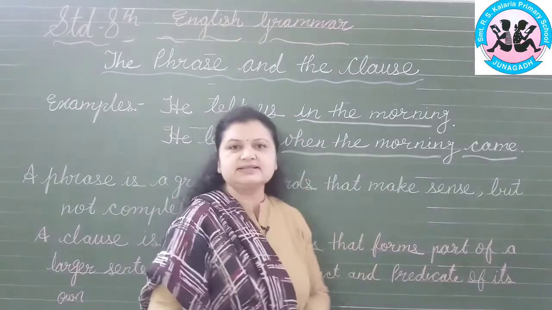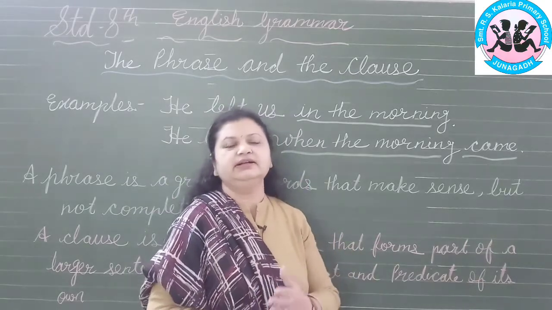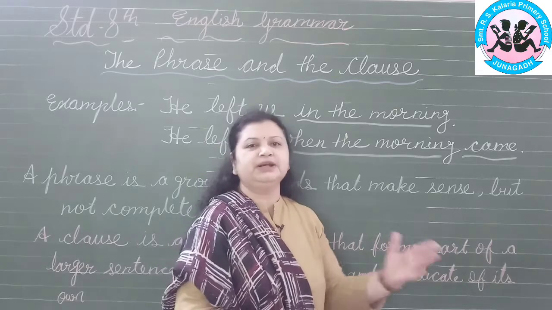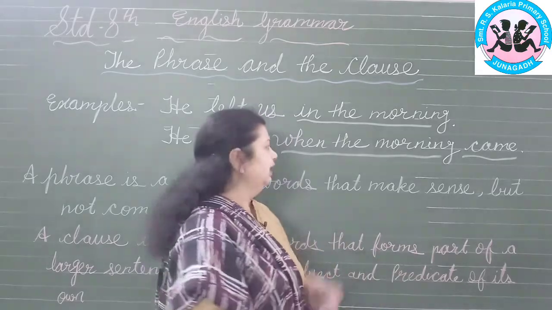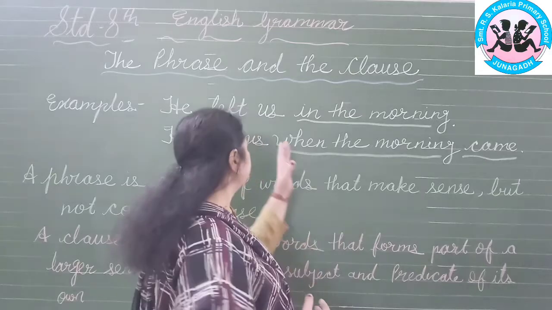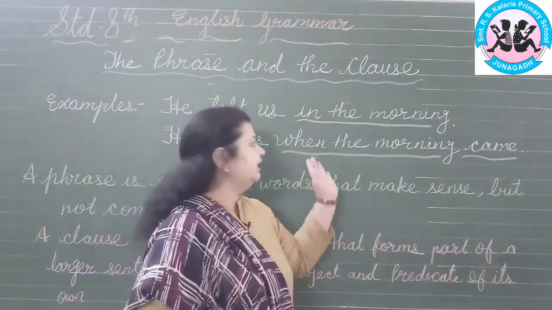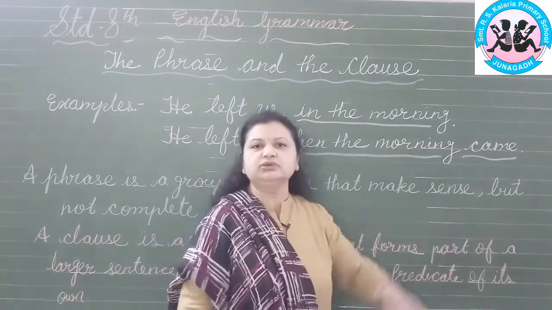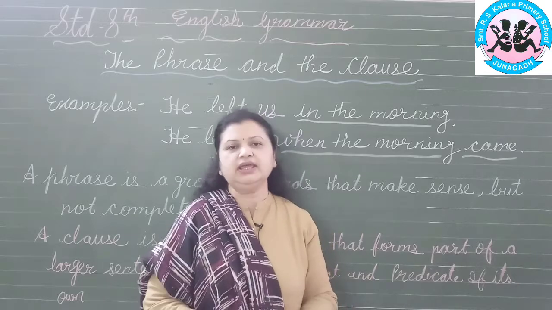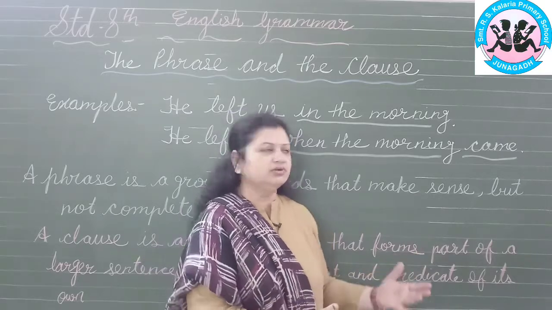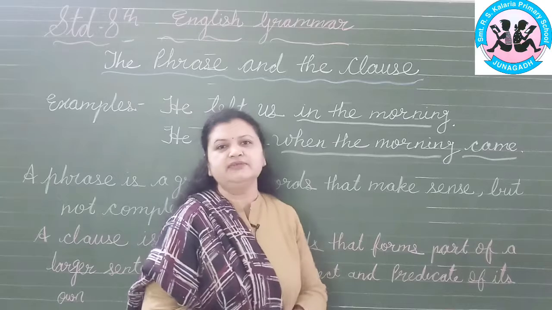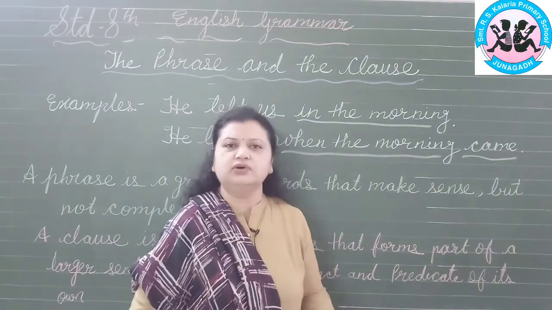So we can say that a clause has a subject and predicate of its own and has a complete sense. If you ignore "he left us," then "when the morning came" still has a good sense. So this is a clause, and "in the morning" has no perfect meaning, so it is called a phrase.